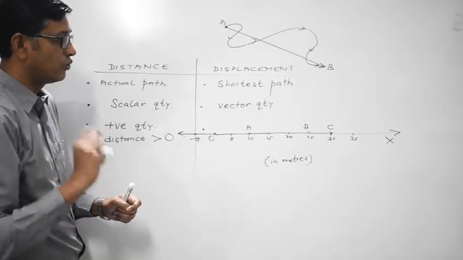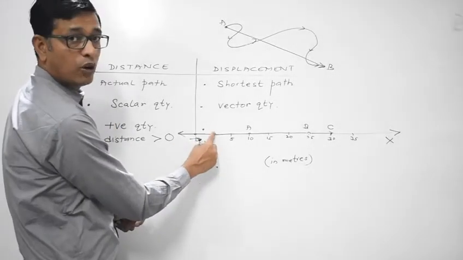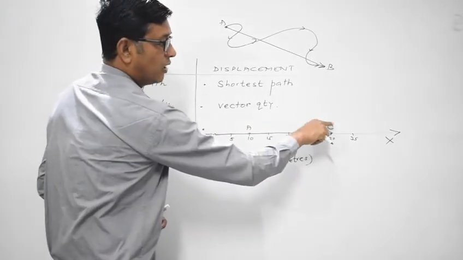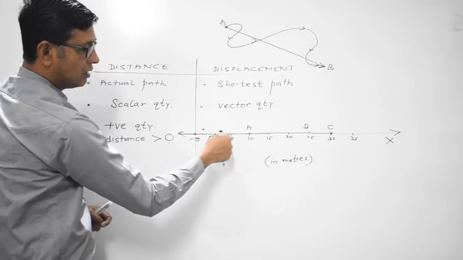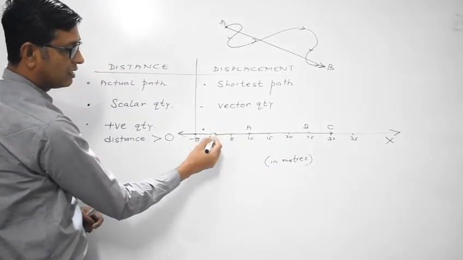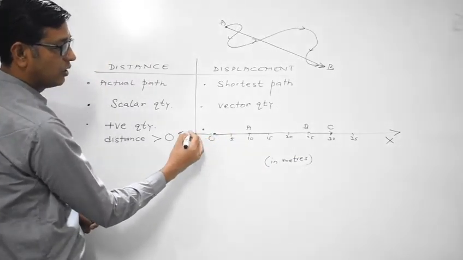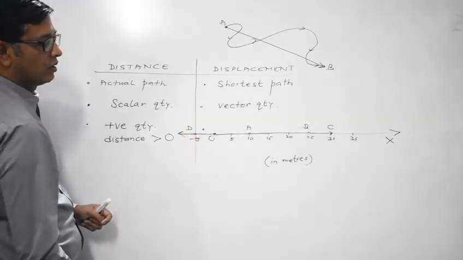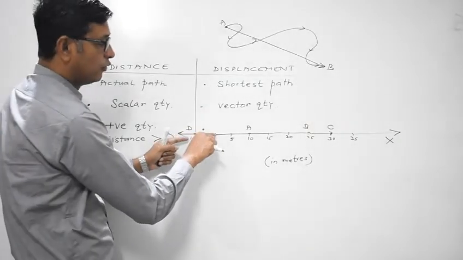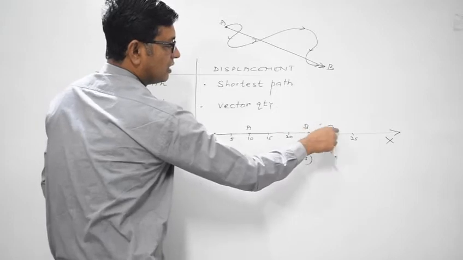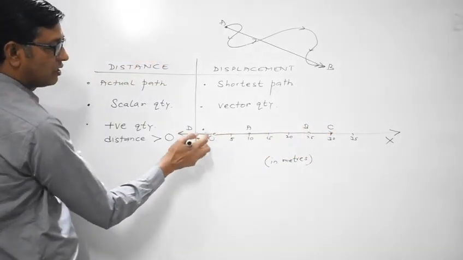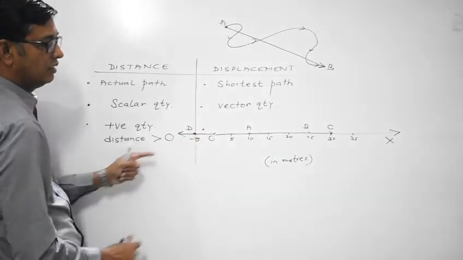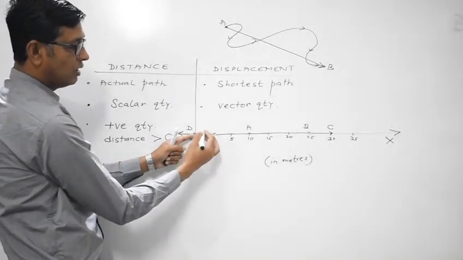Now imagine a situation when the body moves from point O, reaches point C, and again comes back to point O and then exceeds this point and reaches point D. Suppose the body moves from point O, reaches point C, then turns back and eventually, crossing point O, reaches the final point D. So this is the initial position and this is the final position.